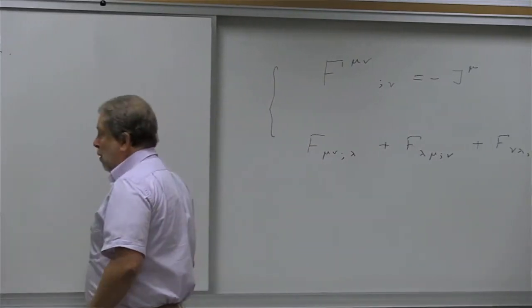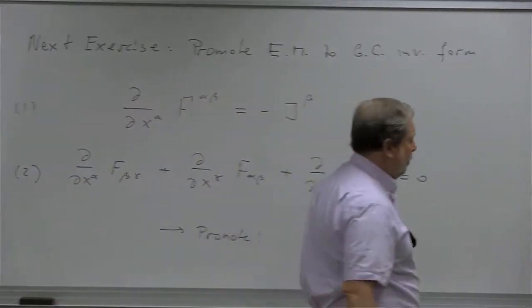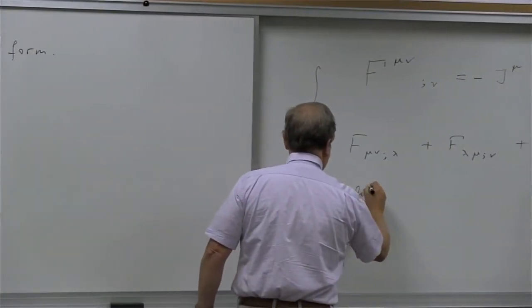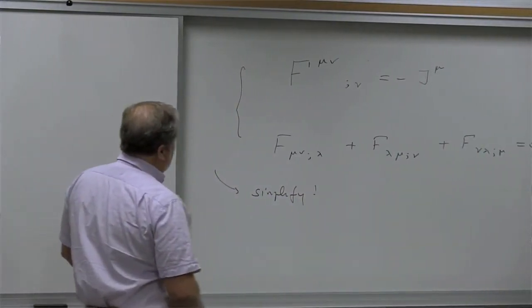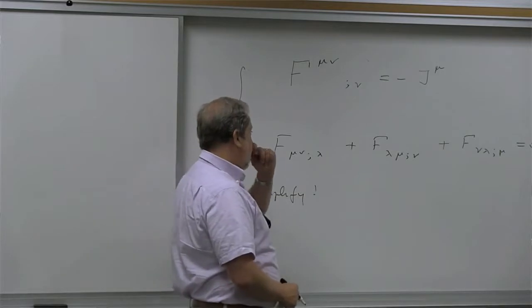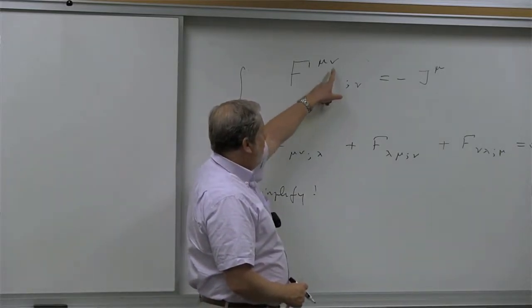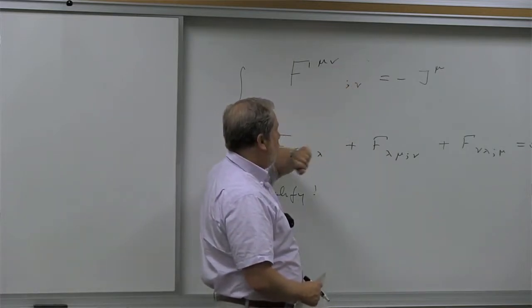Now, those look rather complicated, and in fact, it's possible to simplify them. The reason you can simplify these is because in this case you have a covariant divergence. You see, you have a derivative, but then these indices are summed over.